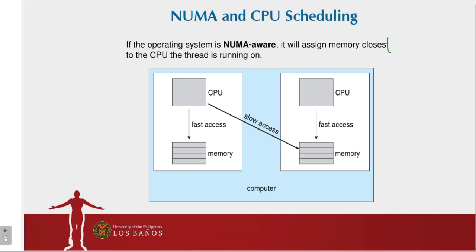So the scheduler can determine or select the appropriate core, right? So that it can optimize the memory access in case you have non-uniform memory access.